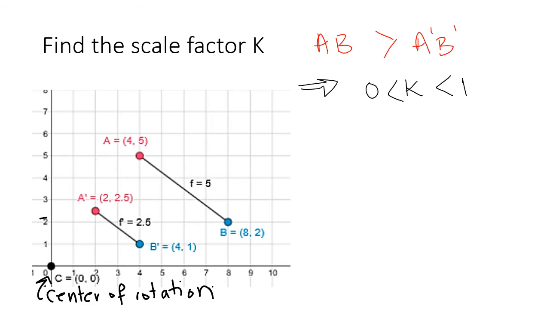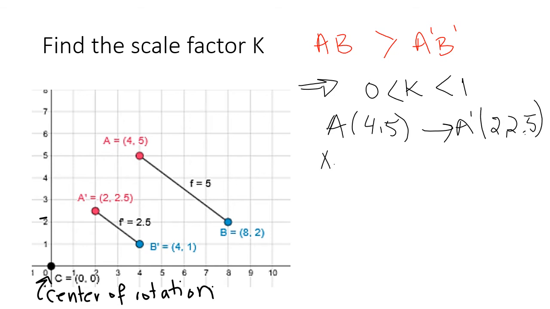How do I find it? I take the x coordinates of A, which is (4, 5), and it becomes A prime, which is (2, 2.5). So I take x of A prime over x of A, which is 2 over 4, which is 0.5.